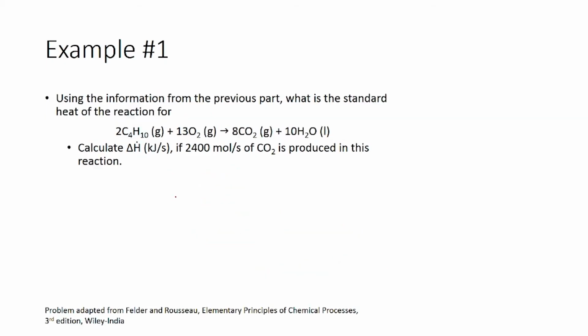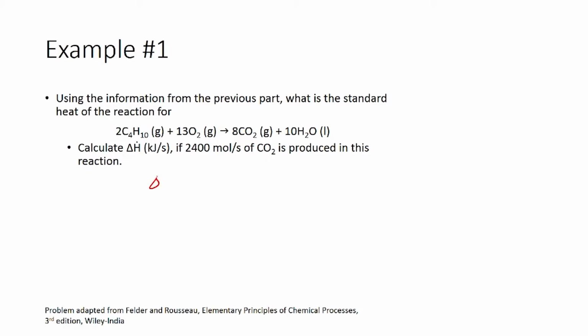So, now let us look at a slightly different equation. So, the same thing as there. Now, instead of having 1 mole of butane reacting, we have 2 moles of butane reacting. So, the equation has actually been modified. We first have to calculate the heat of reaction for this reaction and then again calculate the change in enthalpy.